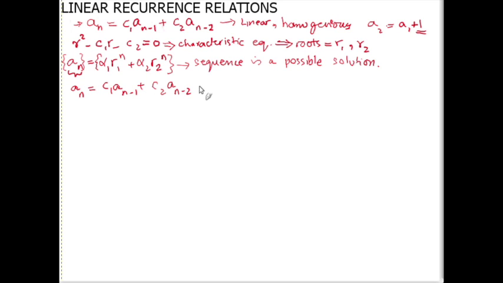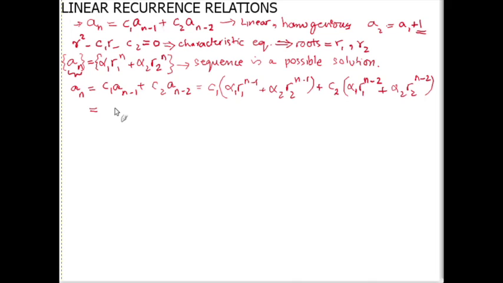So what is an minus 1? An minus 1 is alpha 1 r1 to the n minus 1 plus alpha 2 r2 to the n minus 1. And what is an minus 2? Let's just say c2 first. We say alpha 1 r1 to the n minus 2 plus alpha 2 r2 to the n minus 2. Okay, now can we use some algebra here? Of course we can.